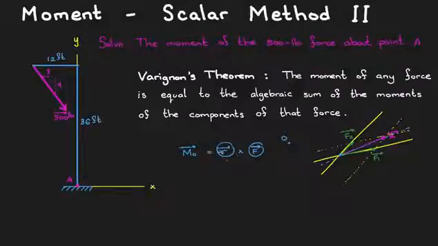The small r vector has to go from point O to the tip of the resultant. The F vector is, of course, just the resultant vector. The moment of the resultant about point O is just the small r vector from point O to the tip of the resultant, cross the resultant vector.